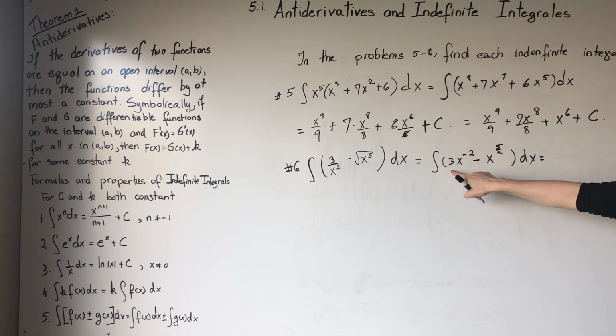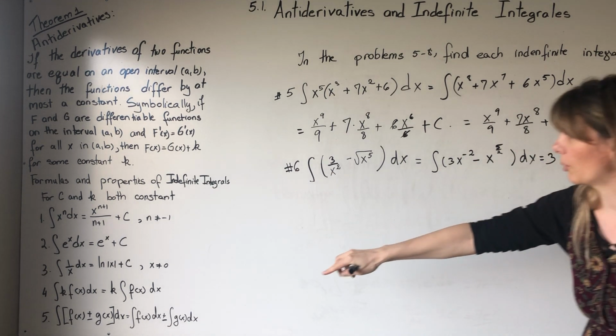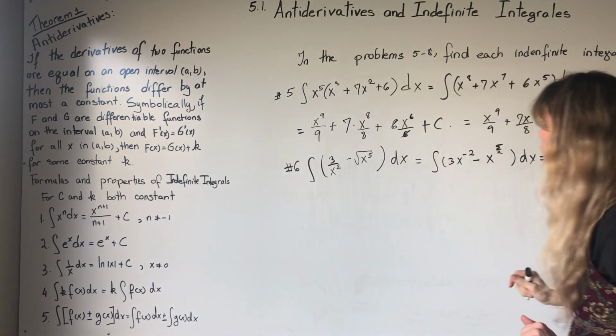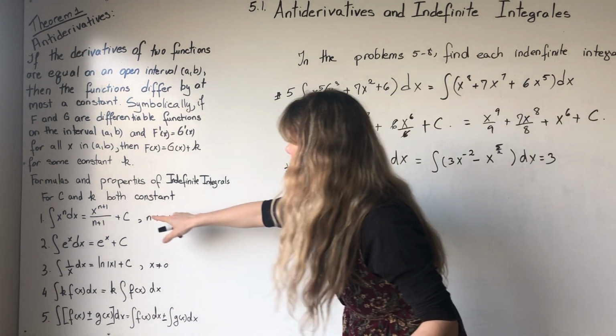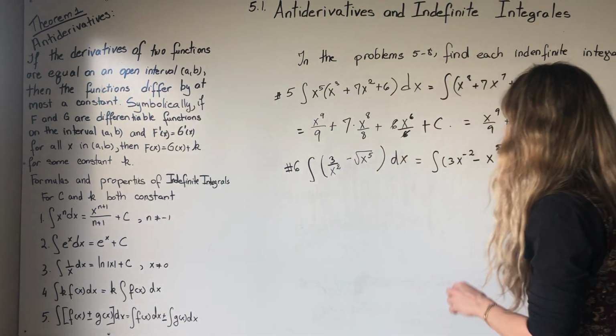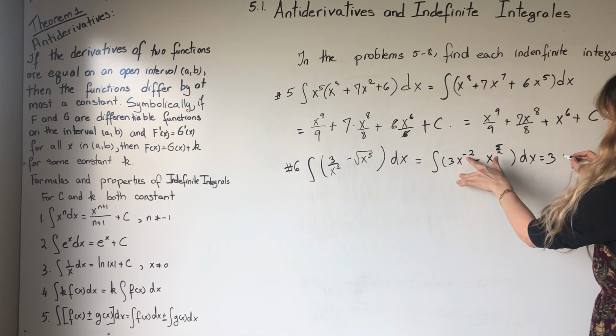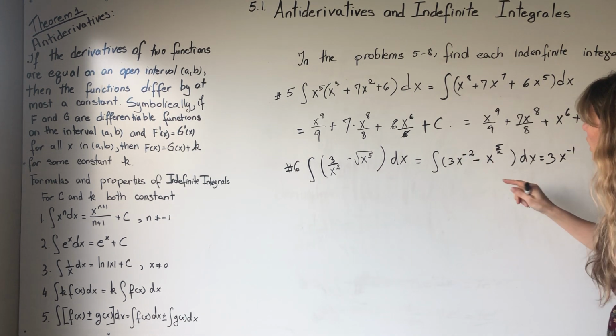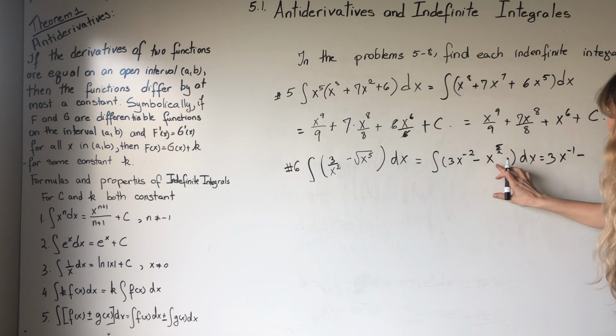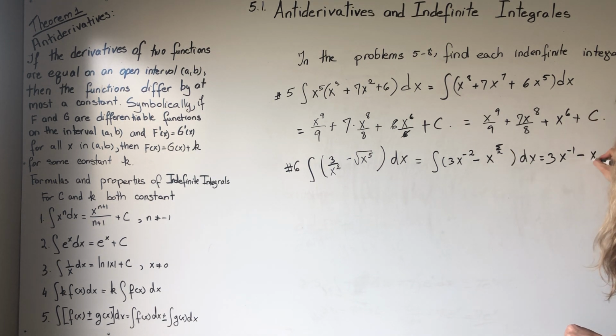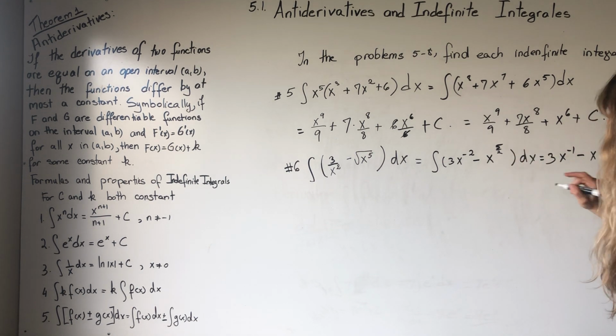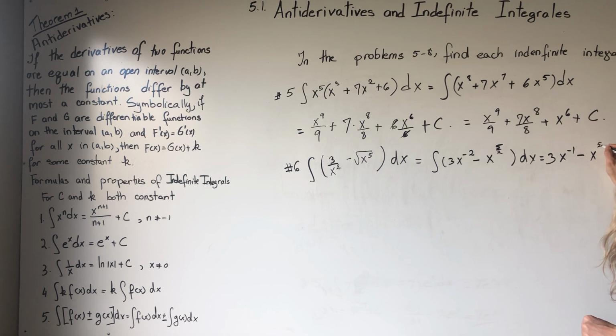We have this 3, right? From property number 4 that you put in the front. From this first one, we have x to the negative 1, right? And then minus x to the power of 5 over 2 plus 1 over 5 over 2, right? And then plus a constant.